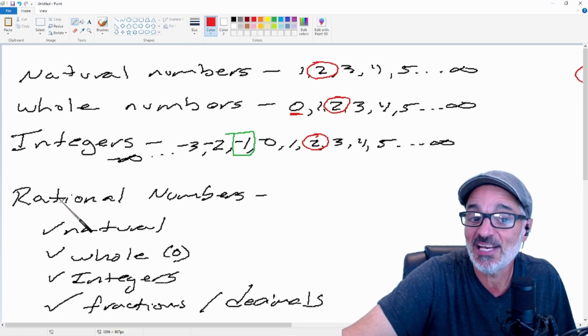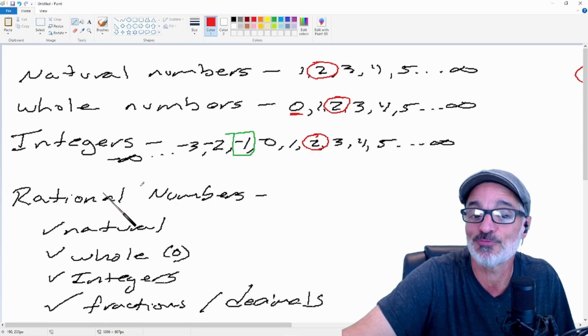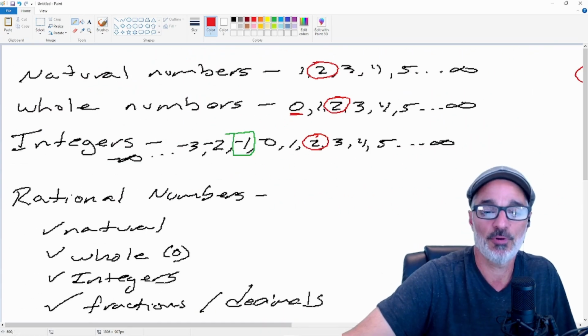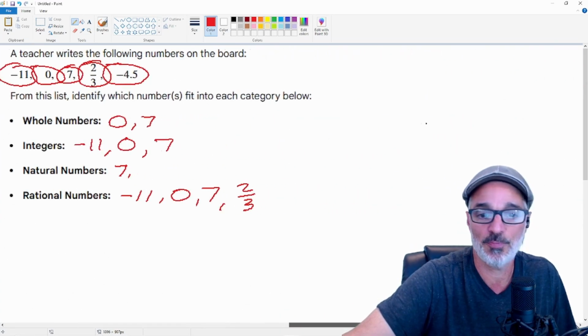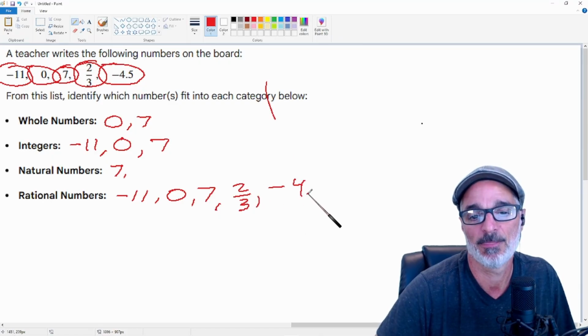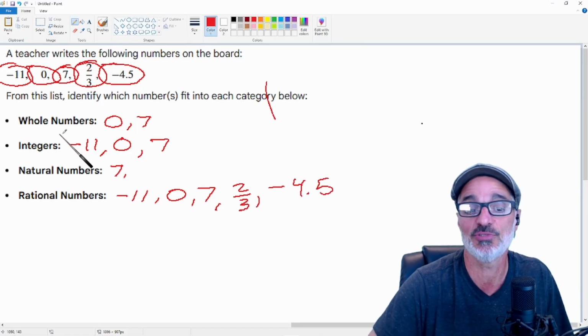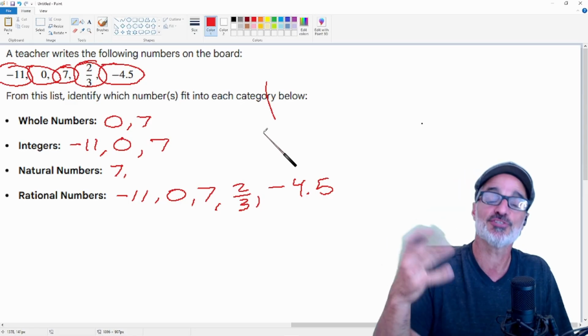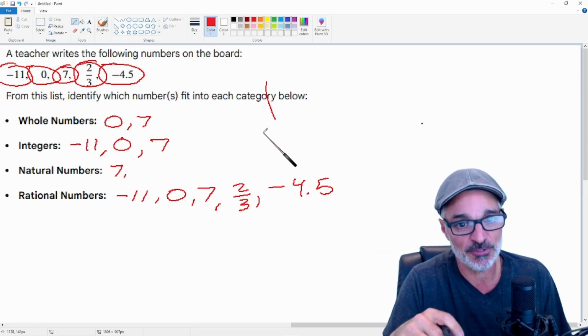And the only group that includes decimals is the rational numbers, even if they're negative. So -4.5 goes into rational numbers, but it cannot go into the integers group because integers do not include fractions and decimals. All right.